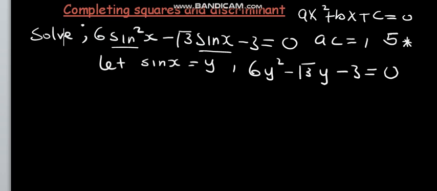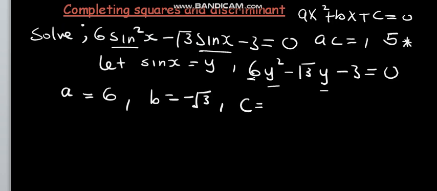Now, once we look at this equation, it is telling us that it is a quadratic equation. So there is no need of hassling with this equation. I will just simply say my a is equal to 6, my b is negative root 3, and c is equal to negative 3.